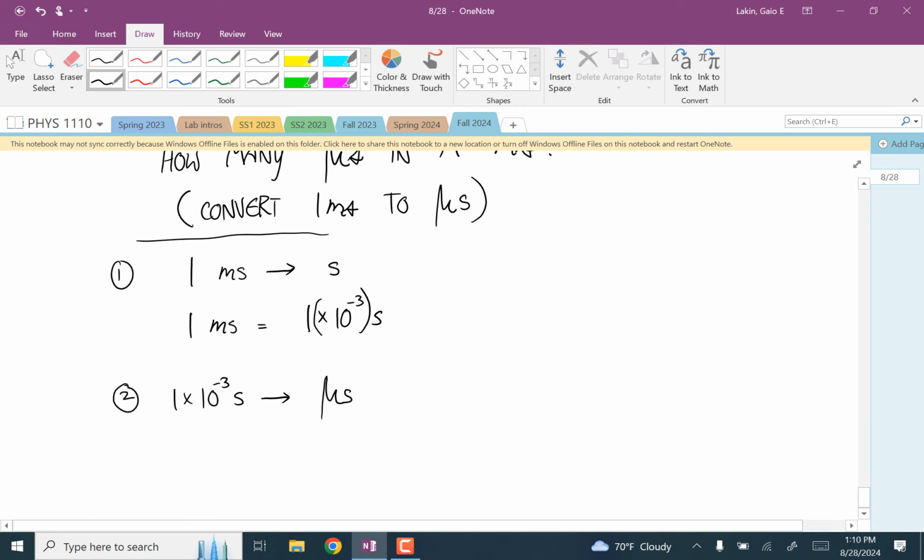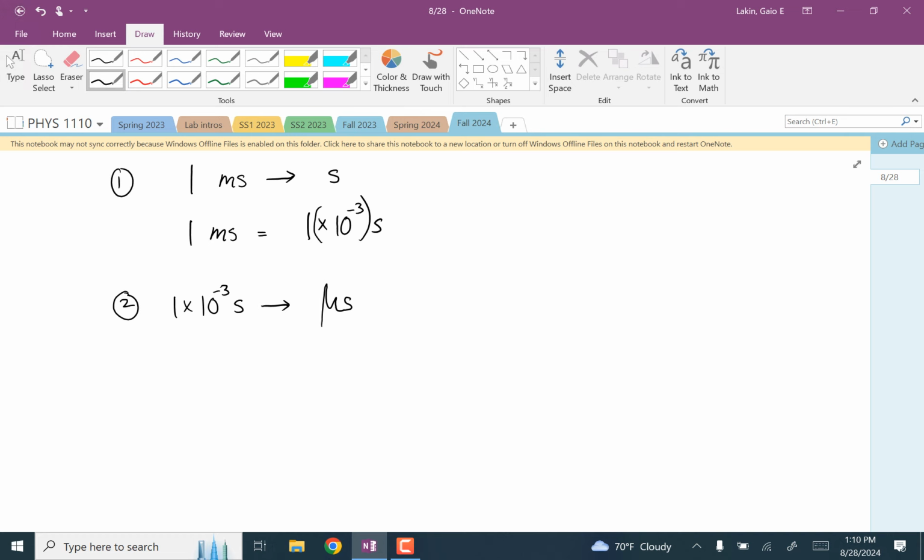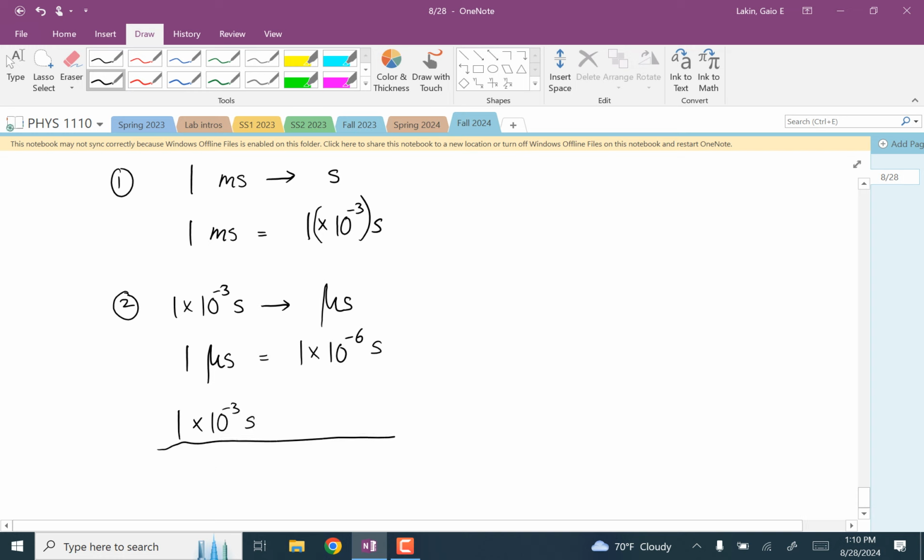So this time we're going to think about a conversion factor using that 1 microsecond is equal to 1 times 10 to the minus 6 seconds. And we're going to start with 1 times 10 to the minus third seconds. We're going to use the conversion factor that cancels seconds.